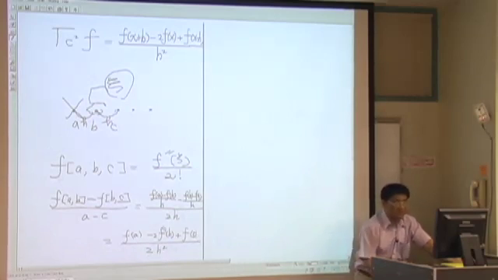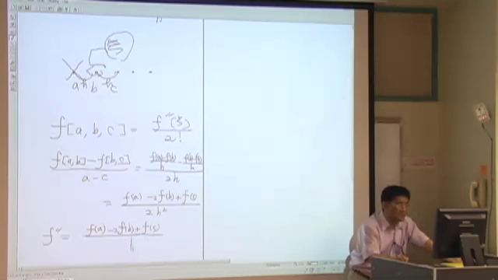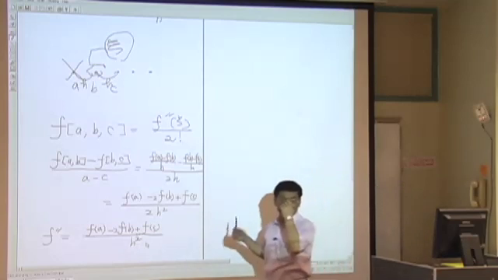So if we equate these things, we can write the second derivative by f of A minus 2 times f of B plus f of C over H squared. This is the reason why the second derivative is converted this way.